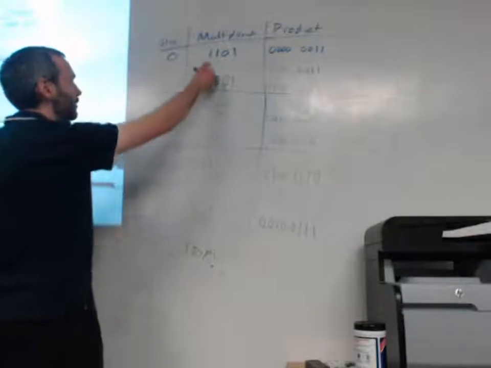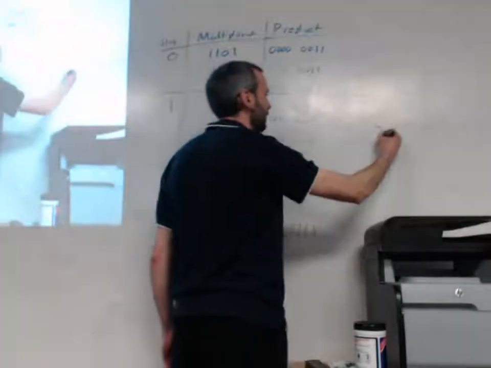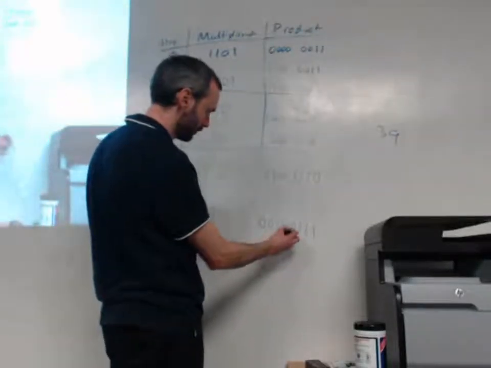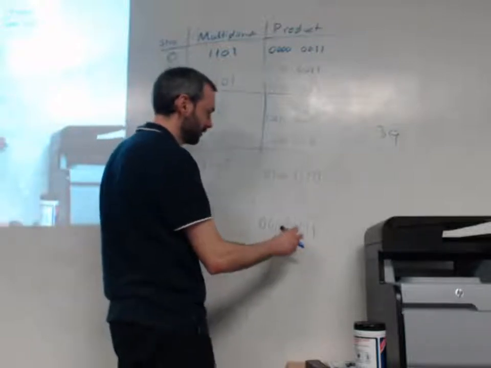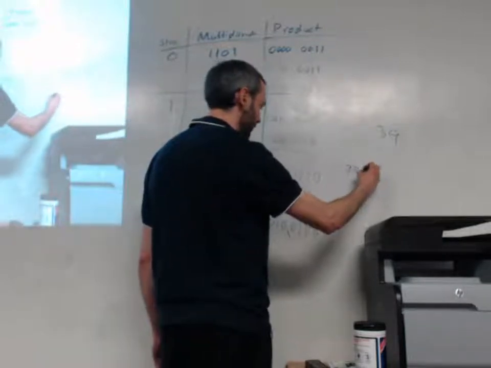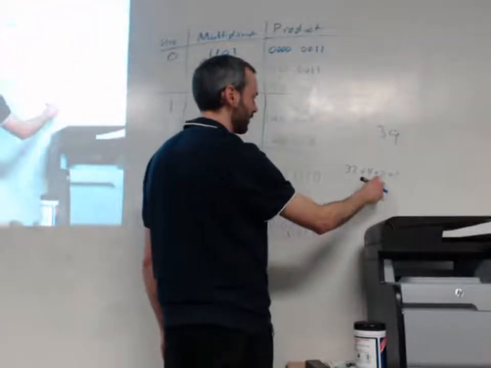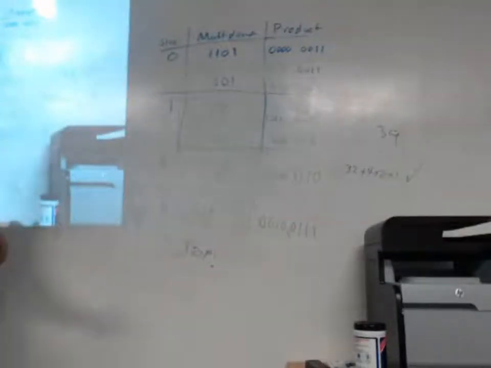So yeah, it's 8, 12, 13 times 3, so we should get 39. So we have, let's see, 8, 16, 32. So we have 32 plus 4 plus 2 plus 1, 6, 8, 9. Good job, Jonah. Woo!